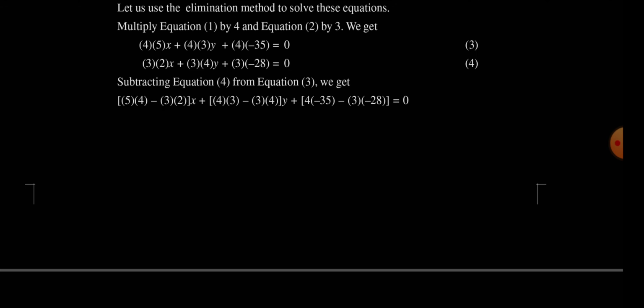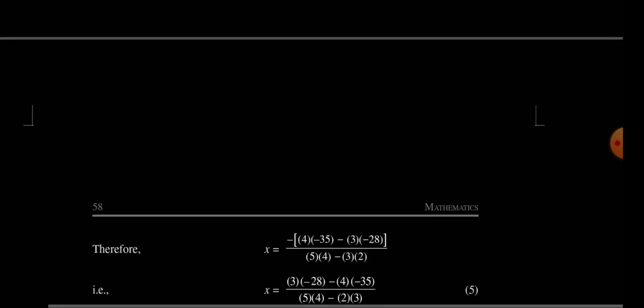Subtracting equation 4 from equation 3, we get bracket 5 into 4 minus 3 into 2 bracket close into x plus bracket 4 into 3 minus 3 into 4 bracket close into y plus bracket 4 into minus 35 minus 3 into minus 28 bracket close is equal to 0.